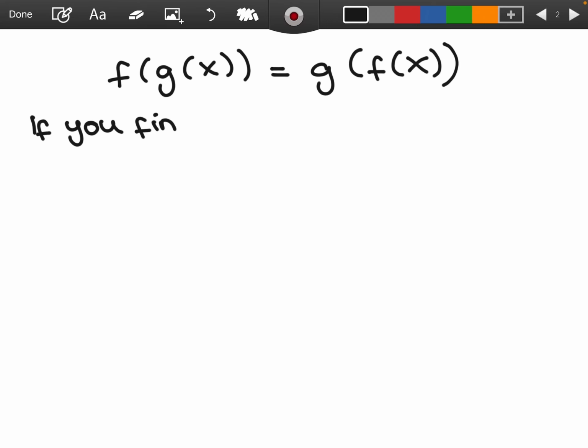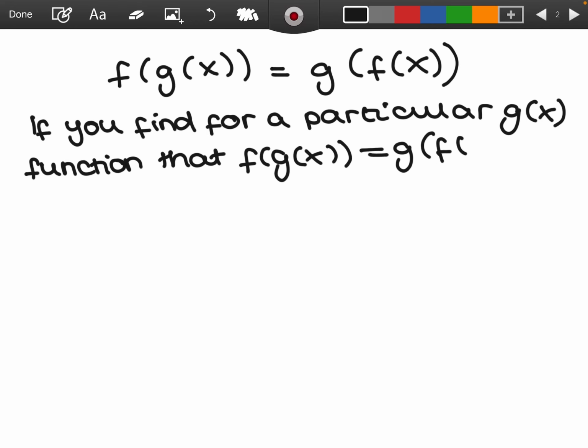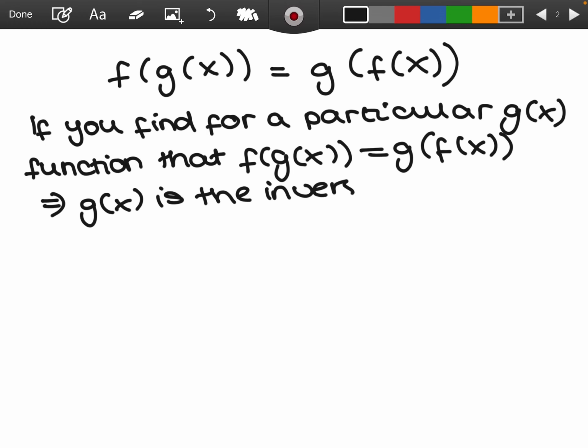So if you find, for a particular g of x function, that f of g of x is equal to g of f of x, then this must mean that g of x is the inverse of f of x.